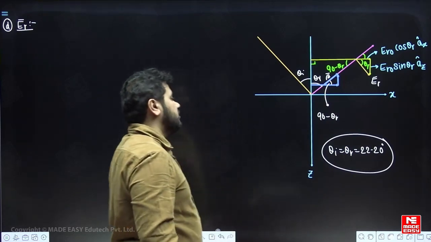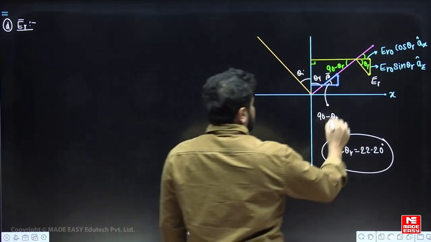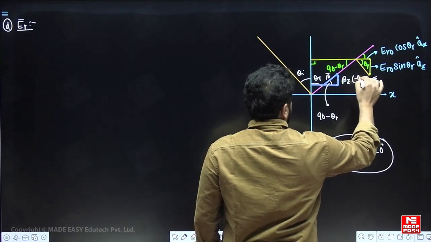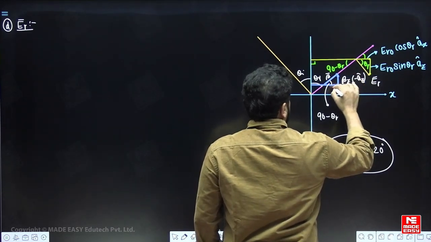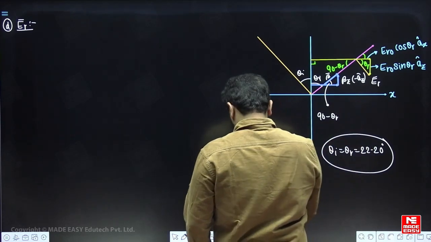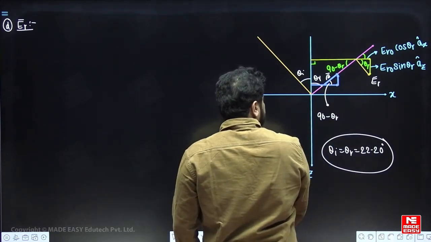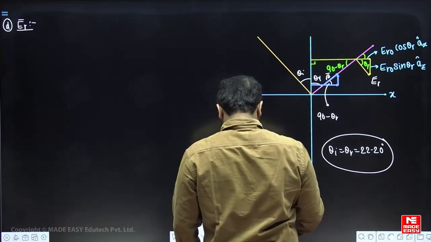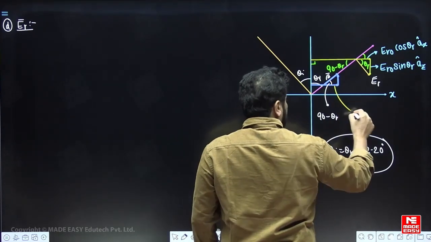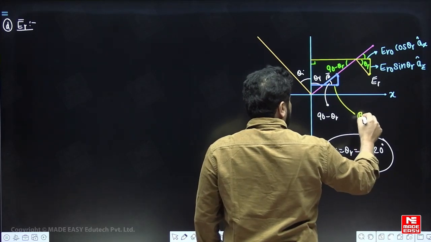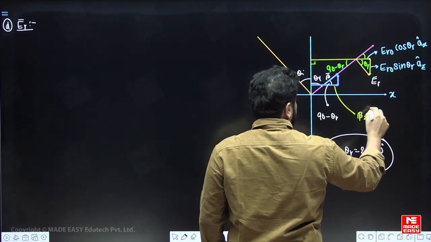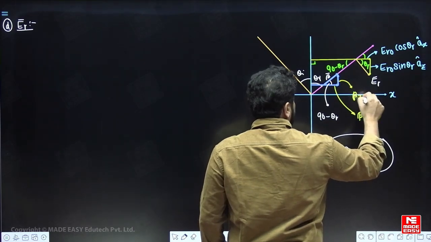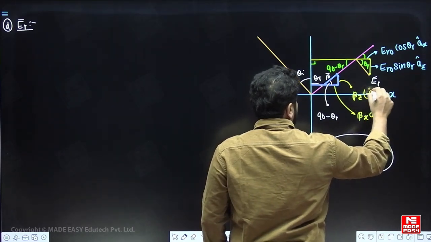So this component is your beta x in the direction of ax, and this component is your beta z in the direction of minus az.